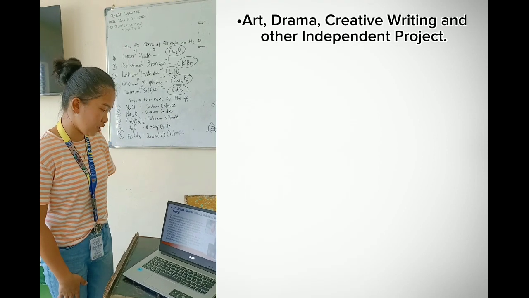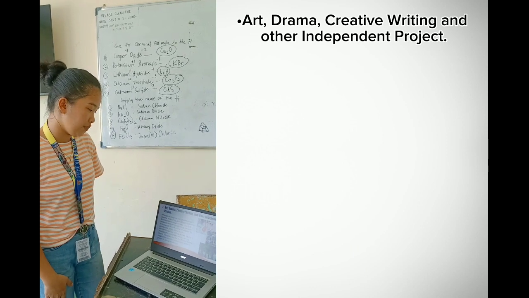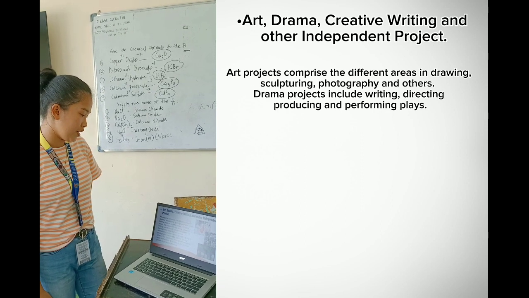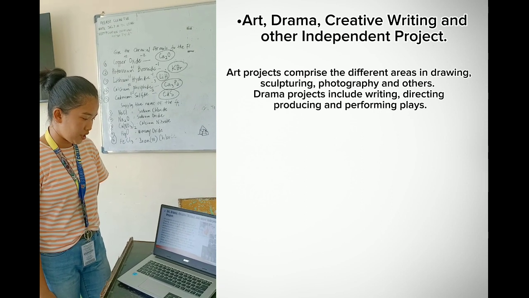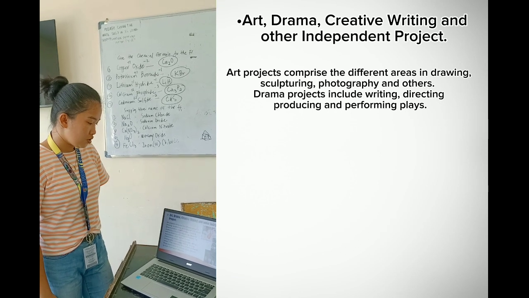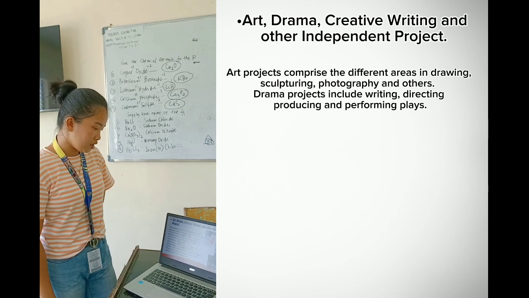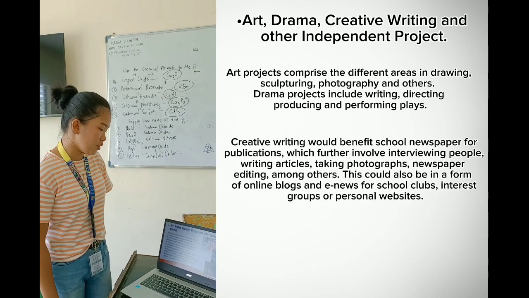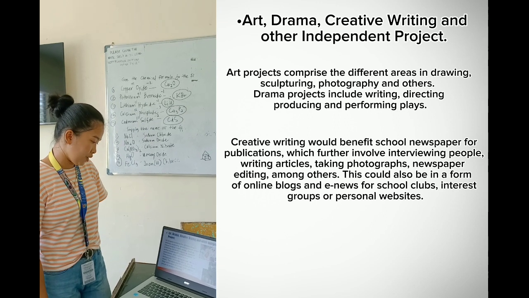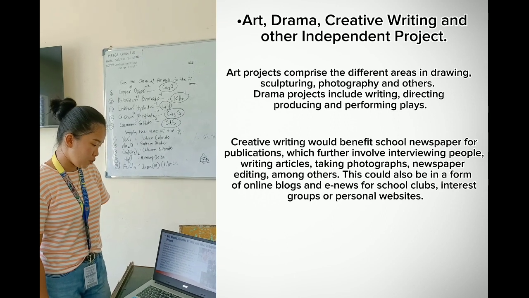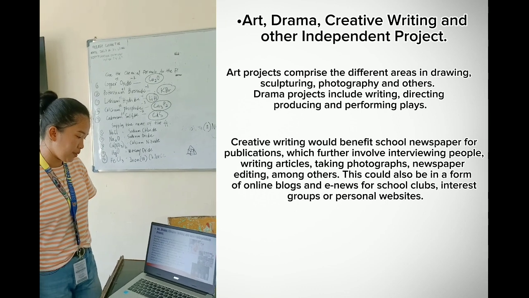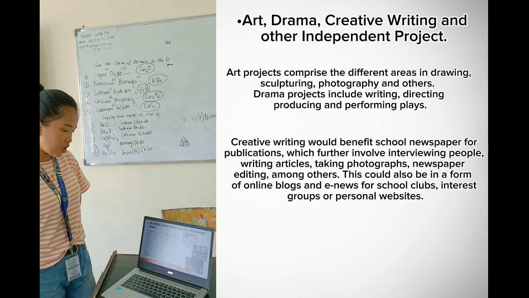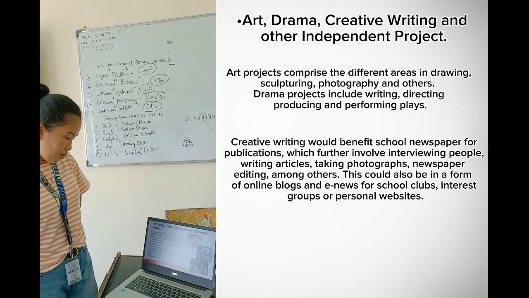Third strategy is art, drama, creative writing, and other independent projects. Art projects comprise the different areas in drawing, sculpturing, photography, and others. Drama projects include writing, directing, producing, and performing plays. Creative writing would benefit the school newspaper for publication, which further involves interviewing people, writing articles, taking photographs, and newspaper editing, among others.